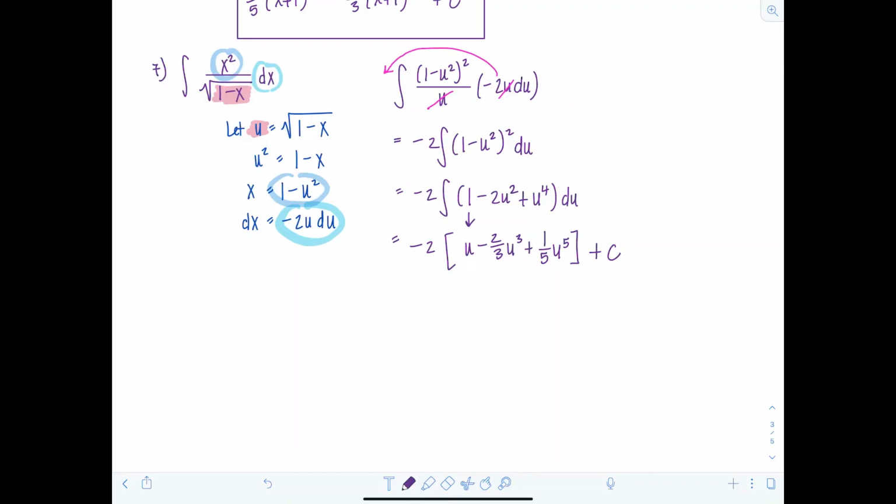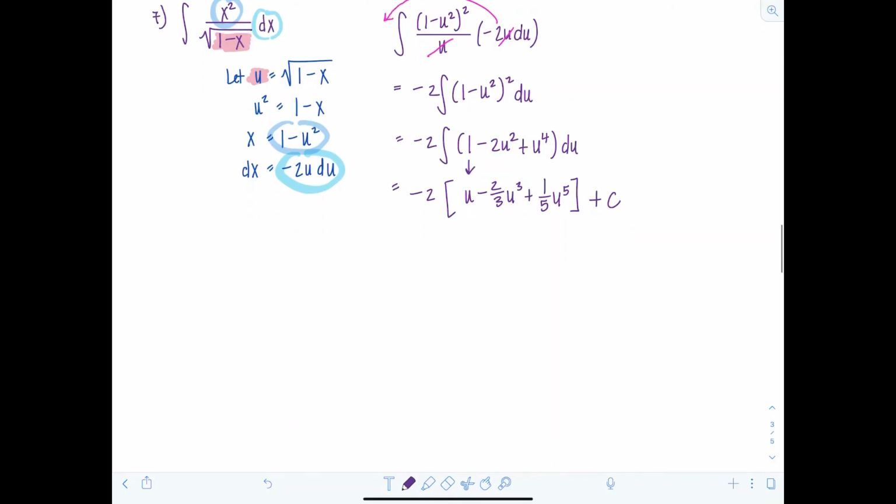Okay, now let's distribute that negative 2. So I'll have negative 2u plus 4/3 u cubed minus 2/5 u to the 5th plus c. And then we got to go back and replace u with radical 1 minus x.